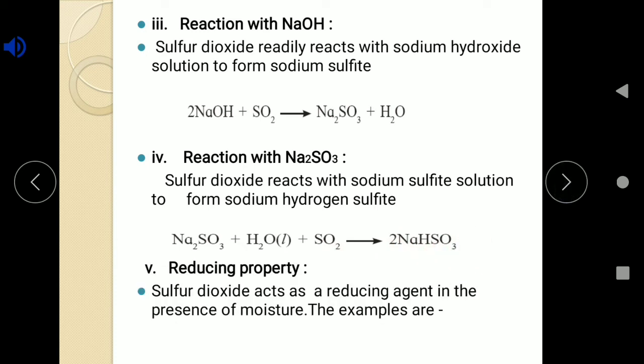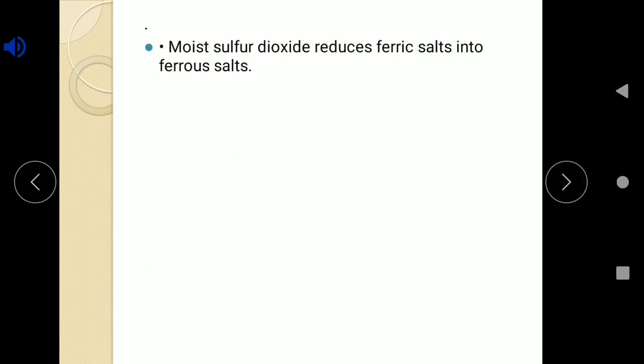Now we will see the reducing property of sulfur dioxide. Sulfur dioxide acts as a reducing agent, that means it brings about reduction, but in presence of moisture only. We will see the examples one by one. When moist sulfur dioxide is treated with ferric salts, they are converted into ferrous.